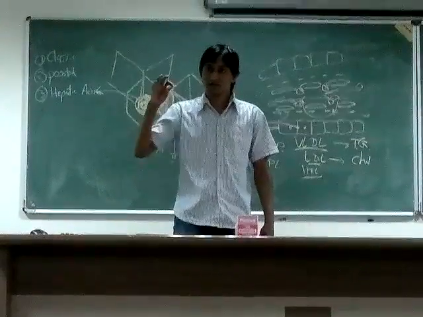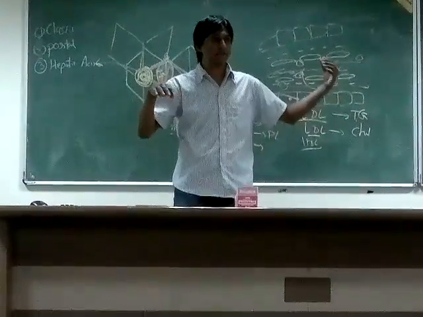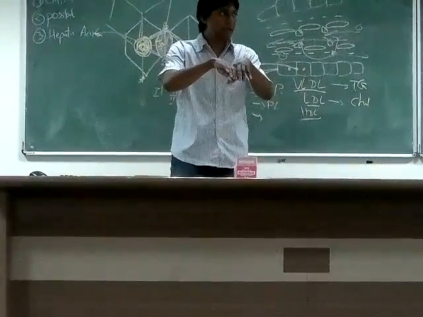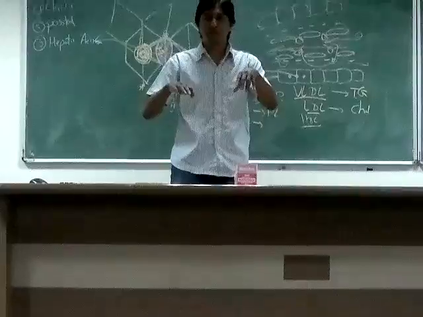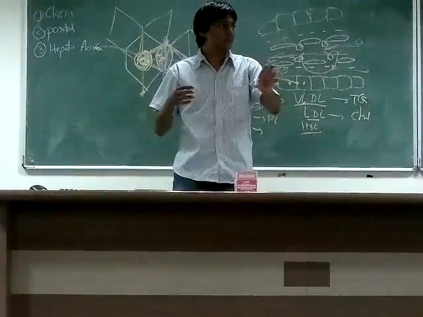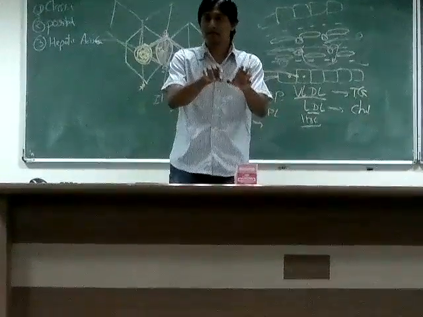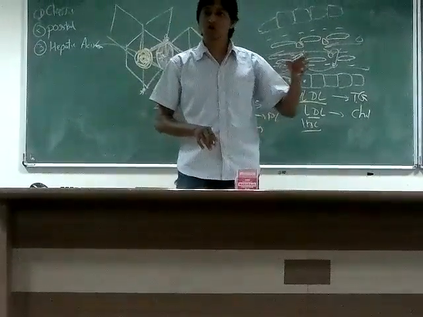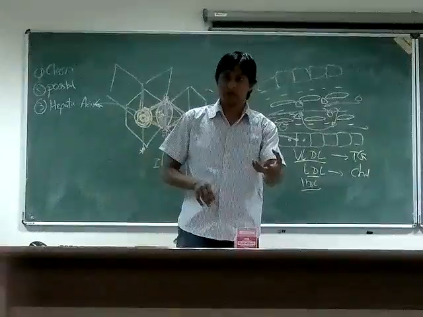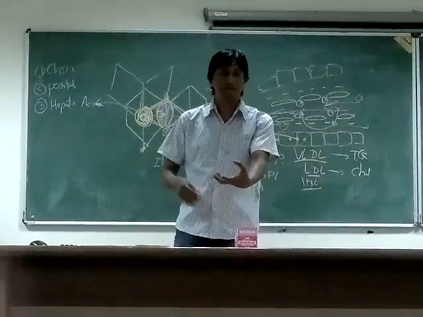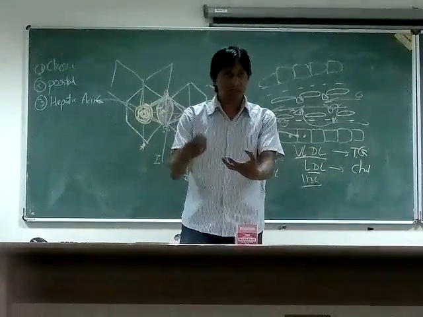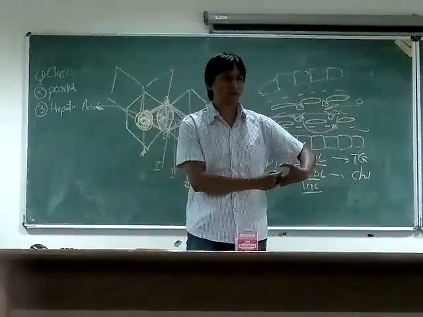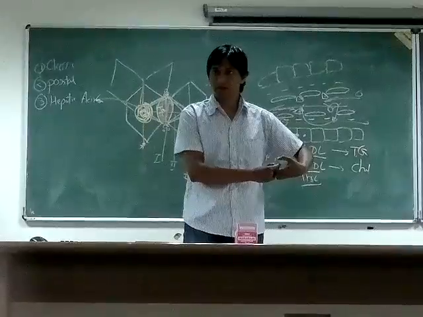From the right lobe comes the right hepatic duct, from the left lobe the left hepatic duct, and both join into the common hepatic duct. Then the common hepatic duct and the cystic duct from the gallbladder combine to make the common bile duct. The common bile duct goes behind the stomach to the pancreas, fuses with the pancreatic duct, and both open into the second part of the duodenum at the ampulla of Vater.